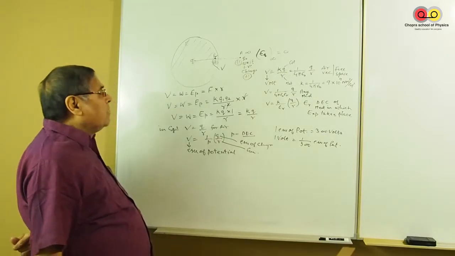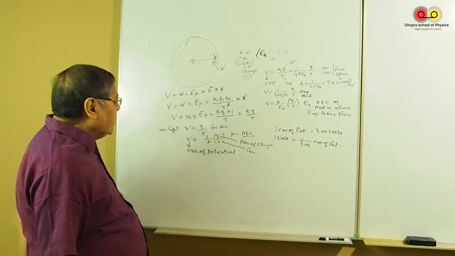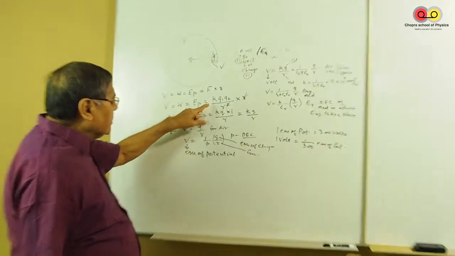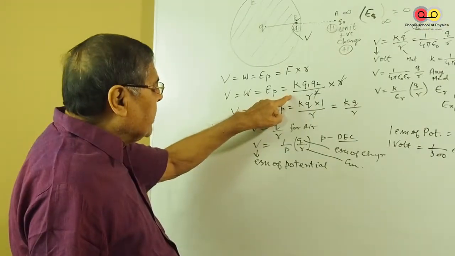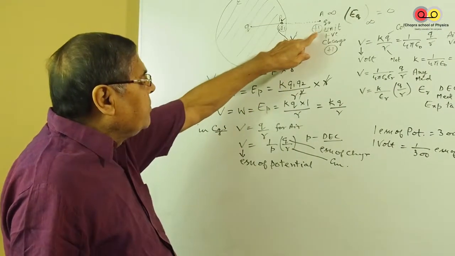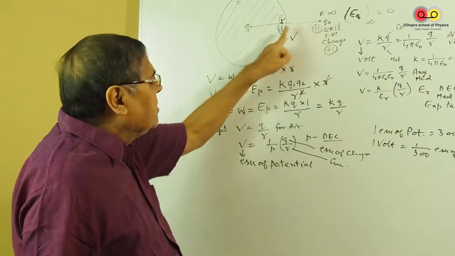And another thing, what is electrical potential energy, that we have seen here in this equation. Electrical potential energy means instead of unit positive charge, some other charge is brought.